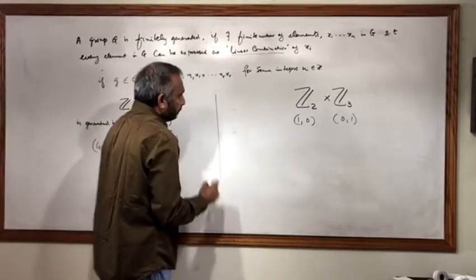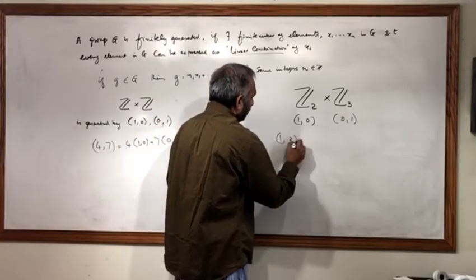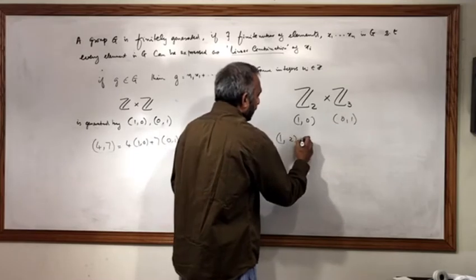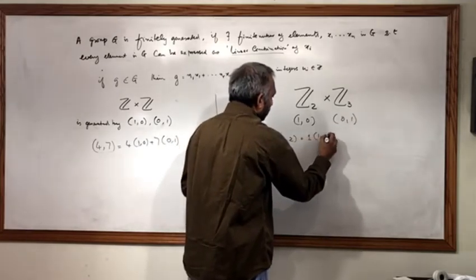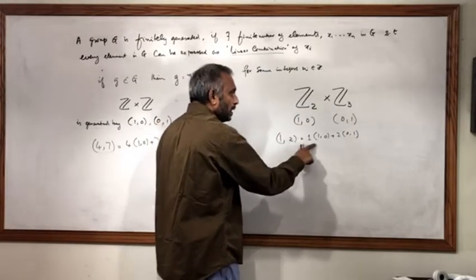Whereas here, if you take, let us say, (1, 2), it's an element of this. So you can write it as 1 times (1, 0) plus 2 times (0, 1). But this is not the only way of writing this.